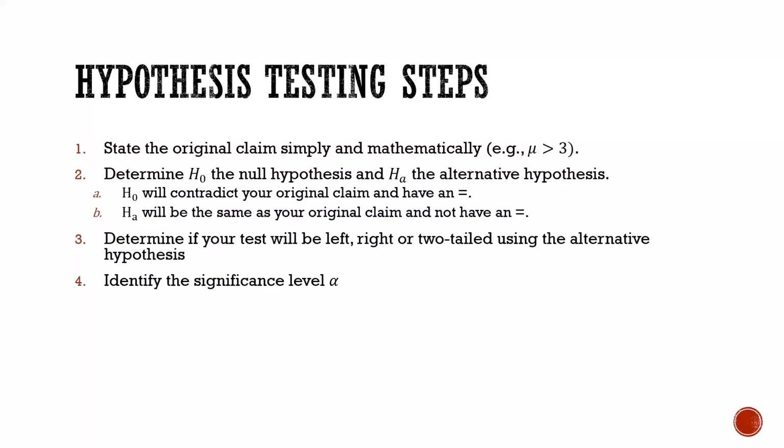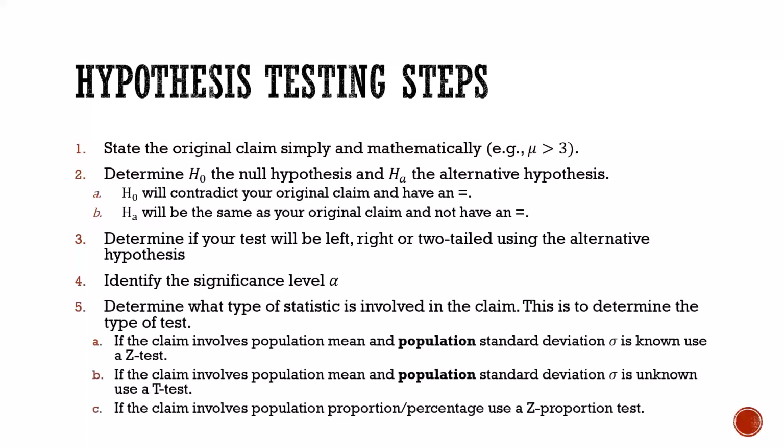So when we did proportion, did we use a Z test or a T test? Z, right? And now, remember, again, I said if the standard deviation is unknown, it is a T test. Standard deviation known is a Z test, right?